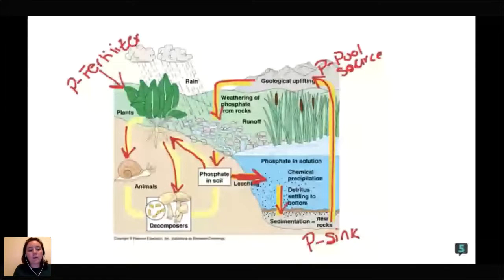And so we figured out how to put phosphorus into fertilizers as well. So when we are applying nitrogen fertilizers, a lot of times those fertilizers have phosphorus in them too. And so we are then applying that to the soil so that plants can uptake that and we can grow more plants so that we can feed all of the people that we have on Earth.